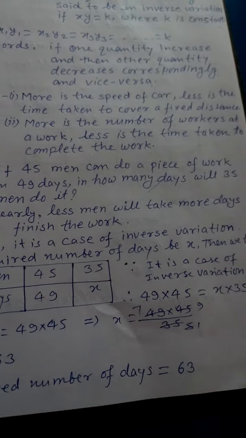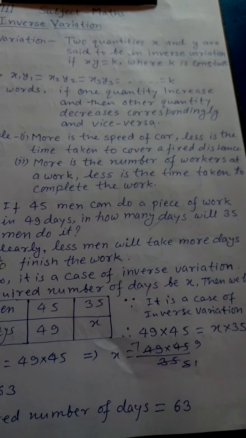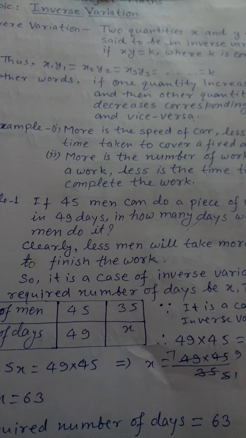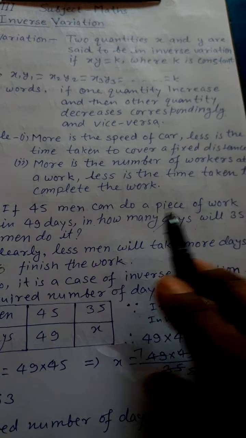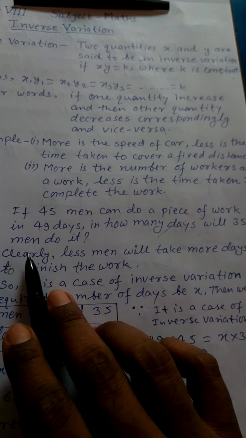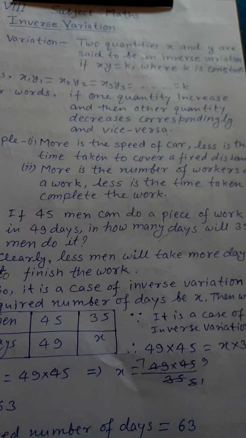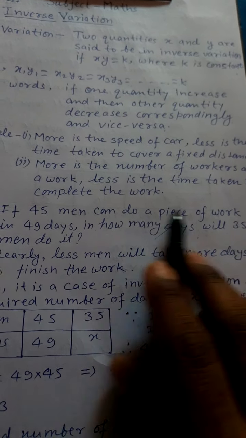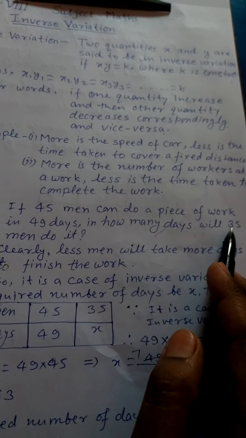Listen to the question clearly. 45 men completed a work in 49 days. In how many days will 35 men do it? It means you have to find out in how many days 35 workers can do this.